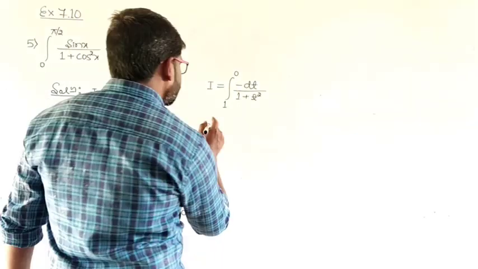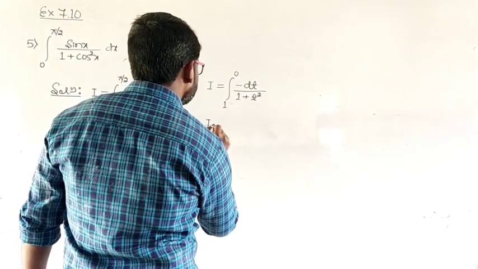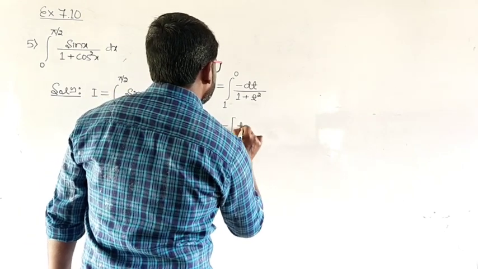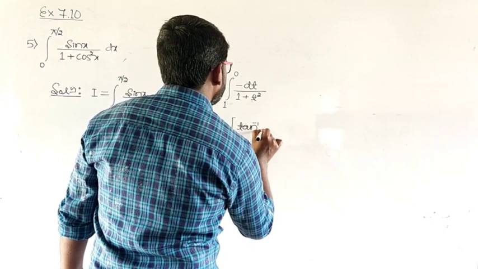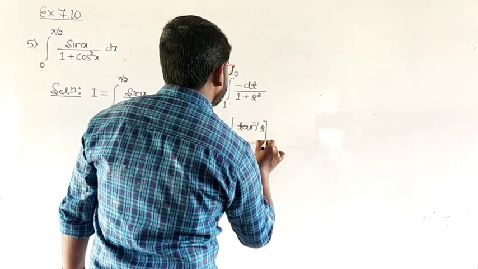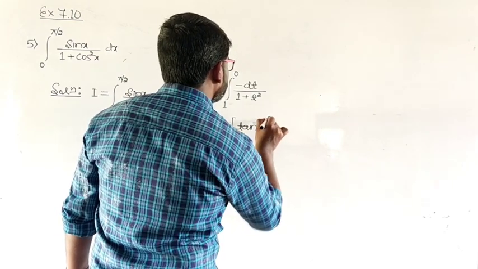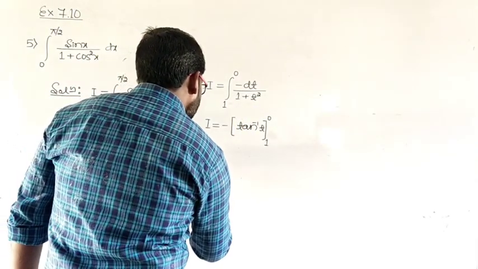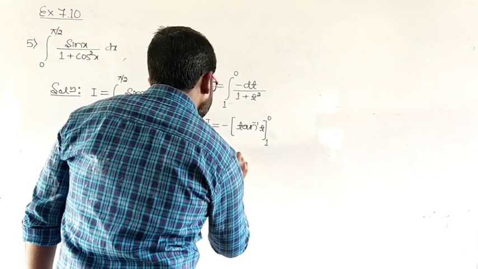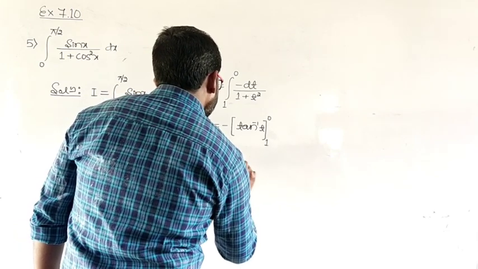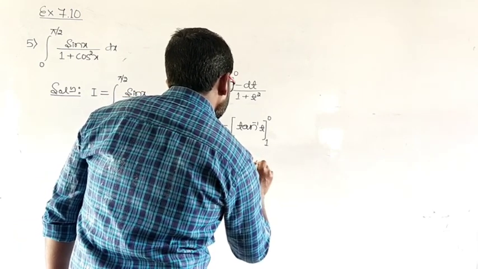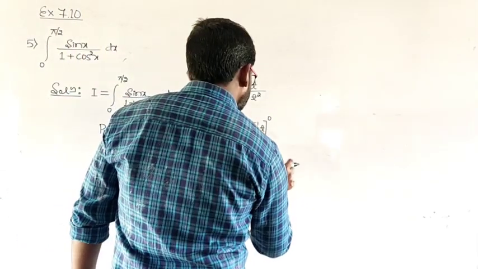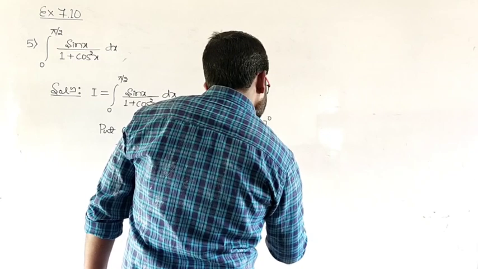So I is equal to minus, I will be writing it outside, then tan inverse t, apply the limit here 1 to 0. Then upper limit minus the lower limit. I is equal to minus, then tan inverse 0 minus tan inverse 1.